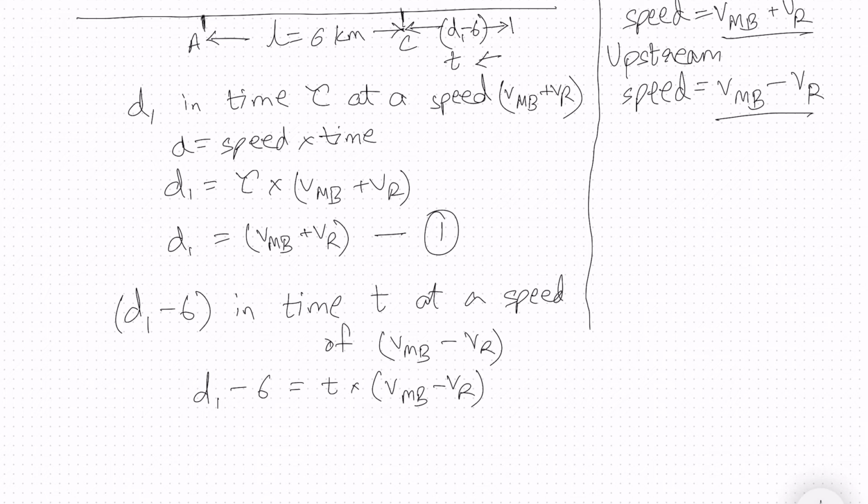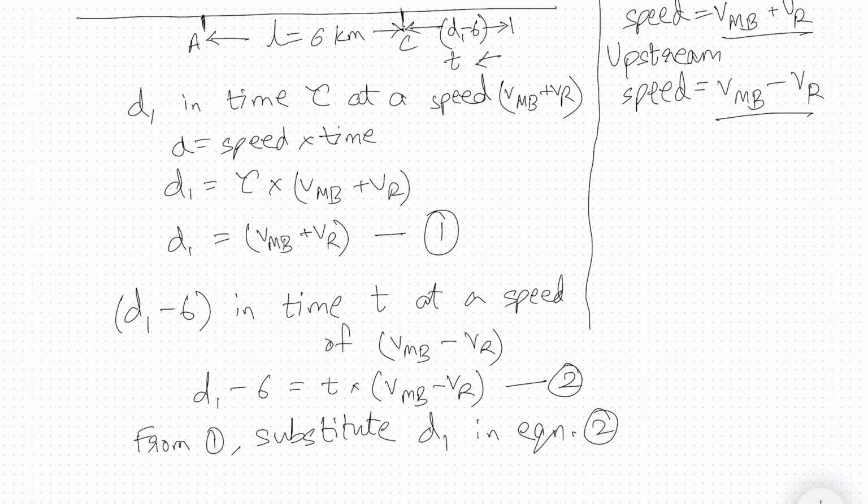I don't know the V motorboat, nor do I know VR. However, I know from 1 that d1 is equal to VMB plus VR. I will substitute that in equation 2 to get VMB plus VR minus 6 is equal to VMB minus VR times t. This will be equation 3.